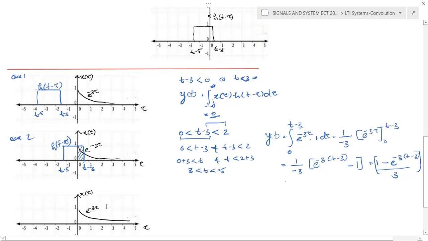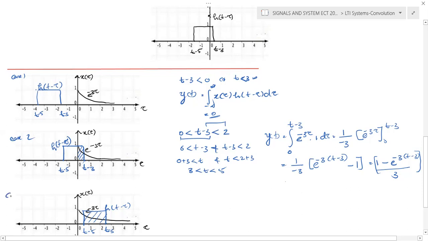Now we can consider one more case: the signal is moving beyond 2, that is, t minus 3 crosses 2, which means the back end of the signal will be somewhere here. So t minus 5, this is h of t minus tau. If you observe this particular overlapping area, for t minus 3 greater than 2, you will get exactly the same behavior.